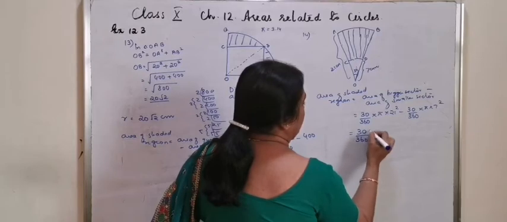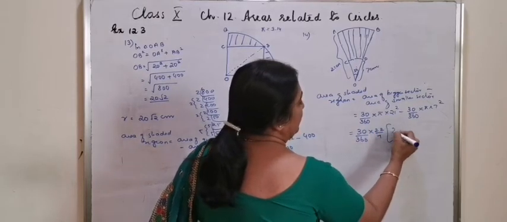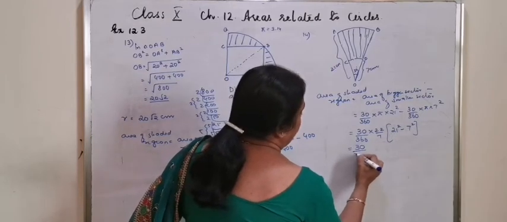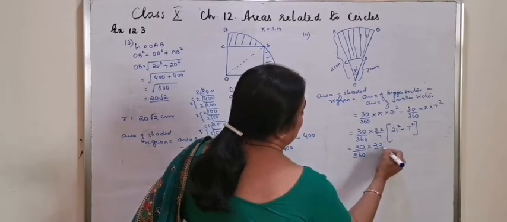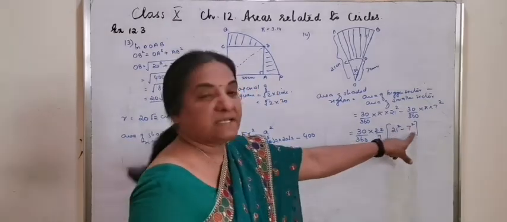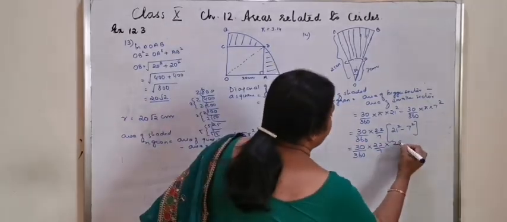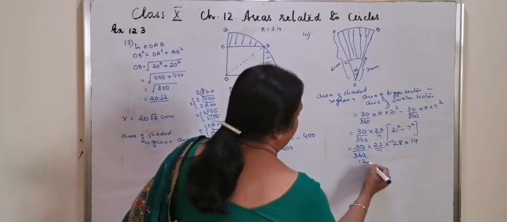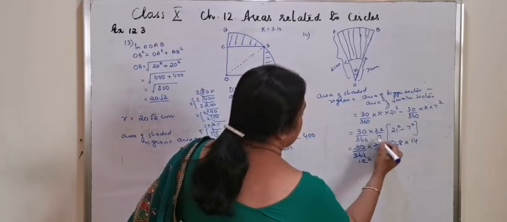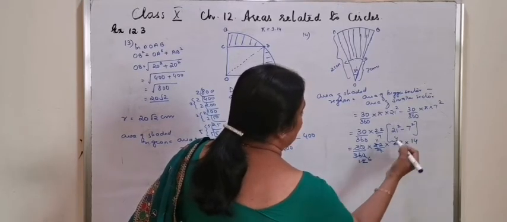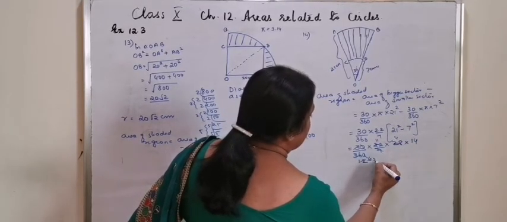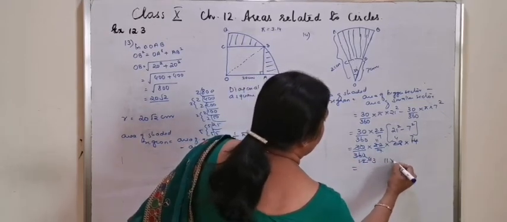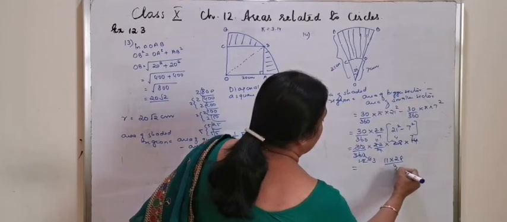Let's take the common factor outside. 22 by 7 into 21 square minus 7 square, 30 by 360, 22 by 7, 21 plus 7 is 28, 21 minus 7 is 14. By 12, 6, 11, then 7 4s are 28. By 6 by 2 is 3, 7, or it is the same as 11 into 28 by 3.